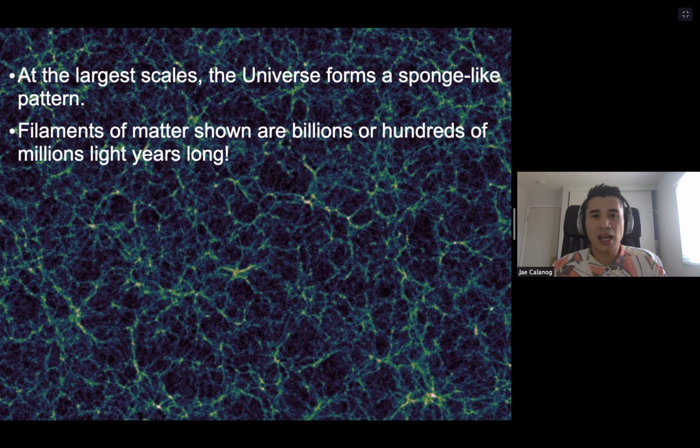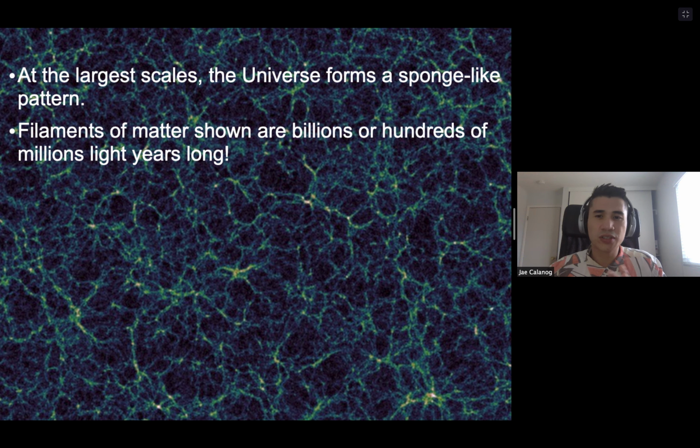Okay, so now if you keep zooming out, this is where it gets really interesting, because it turns out the universe forms this very uniform sponge-like pattern. This background that you're seeing here is how the universe looks on the largest of scales. Every single bright dot or pixel that you see here represents a galaxy like our Milky Way galaxy.